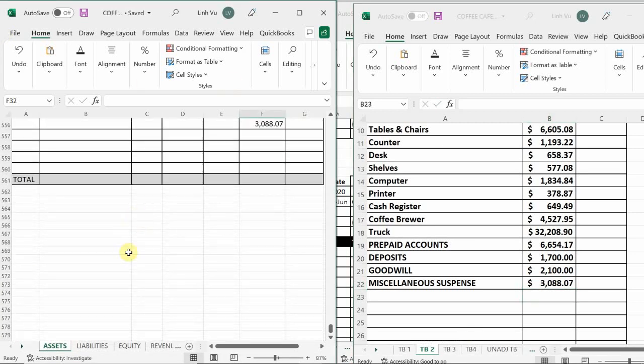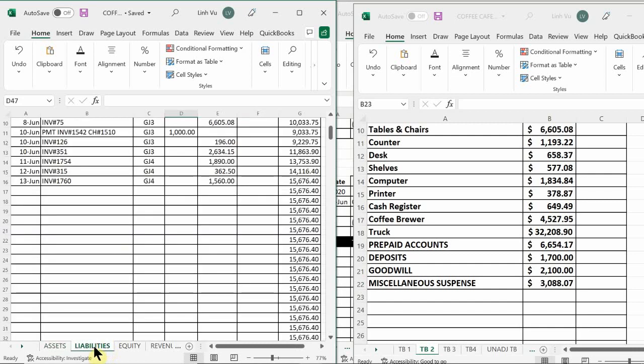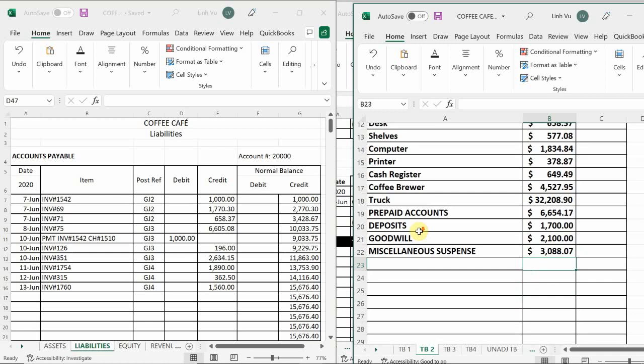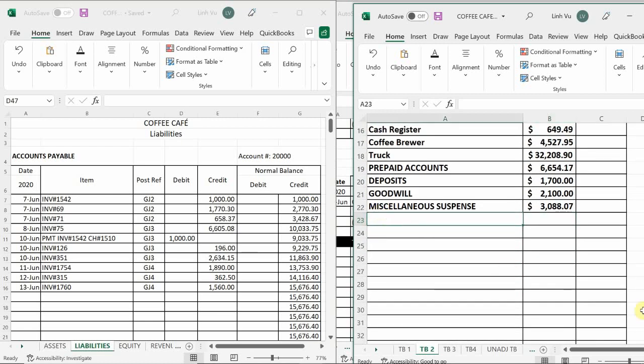So now we can move on to our next category, which is our liabilities. First thing on the list we have here is accounts payable. Make sure you're on the credit side. What is the current balance in the credit side of my accounts payable account?